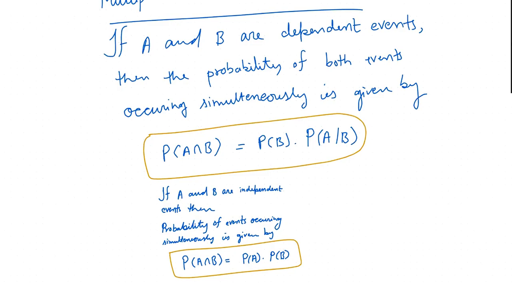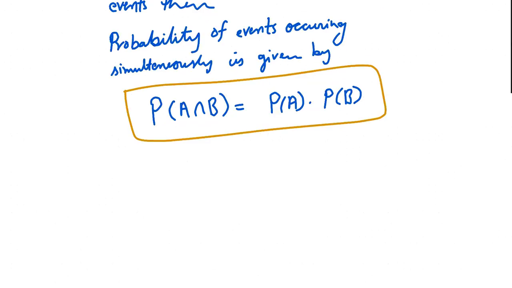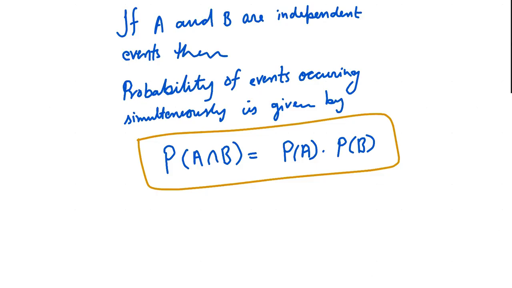This condition is for dependent events and this is for independent. Got it? When we have dependent events, obviously we use a conditional probability. When we have independent events, then we take the product of the probability of A and the probability of B to find the probability of both events occurring.